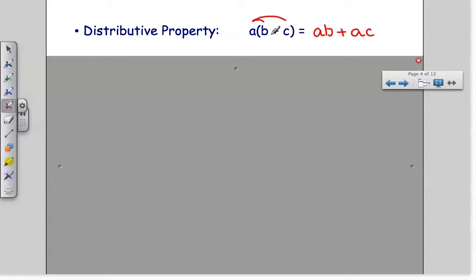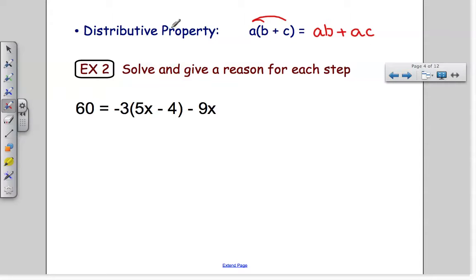So with distributive property, A times a quantity B plus C is the same as AB plus AC. Let's do an example where I will need to use distributive property as a reason. This one really isn't a property of equality because it's not something on both sides. It's just a property that we can use when you're multiplying by a quantity.